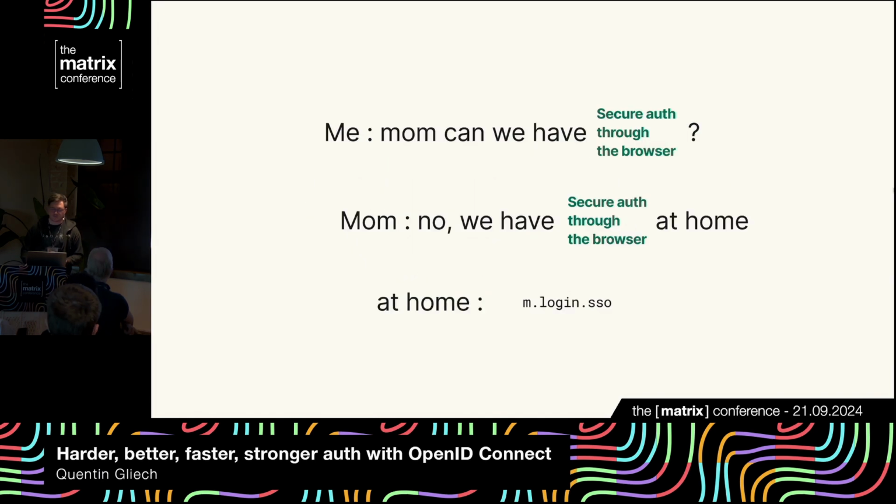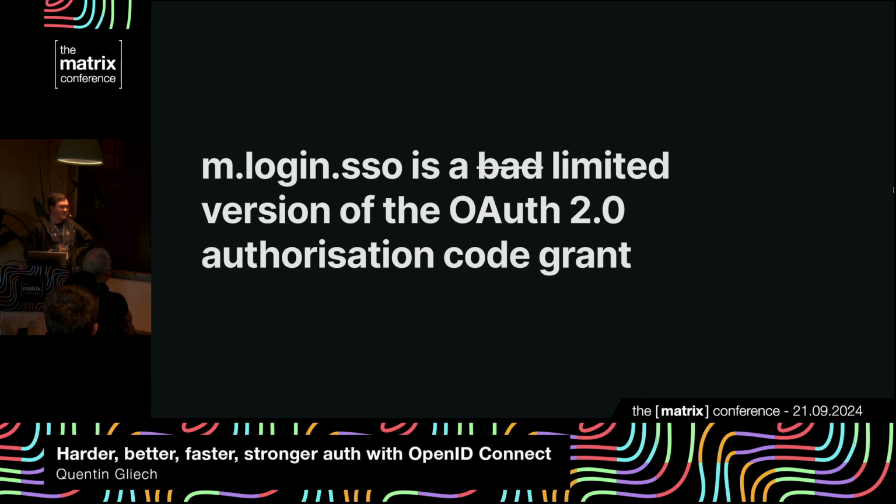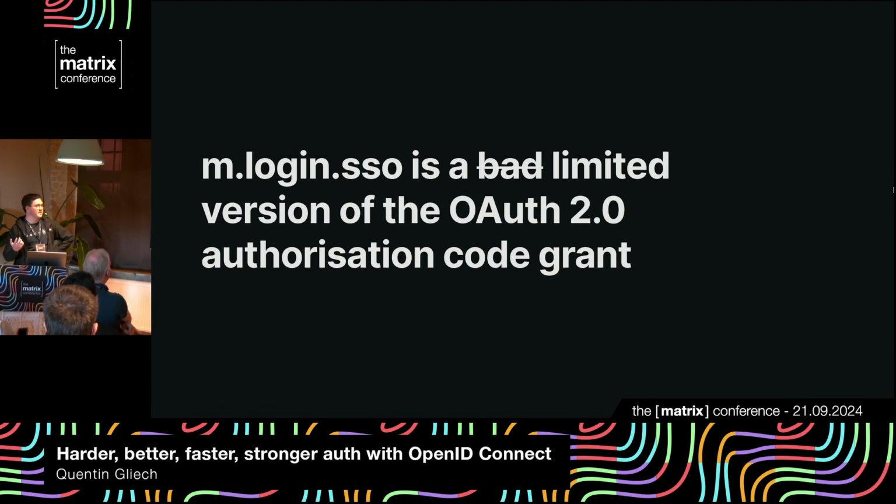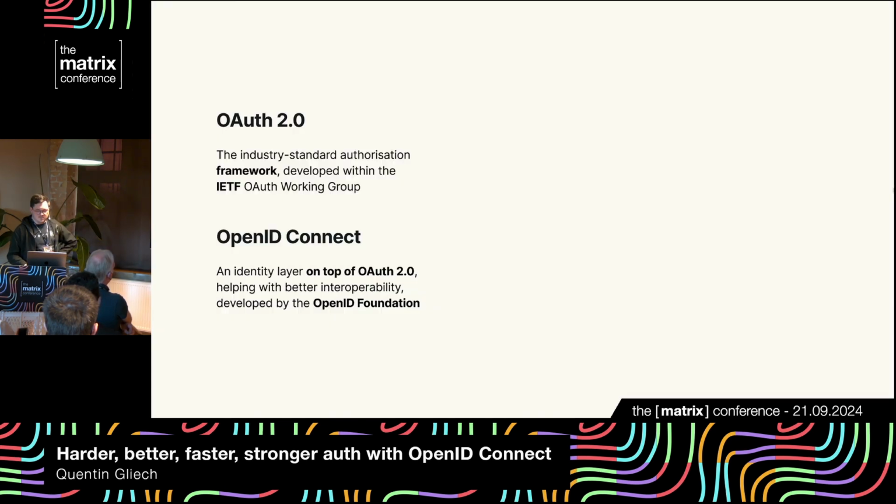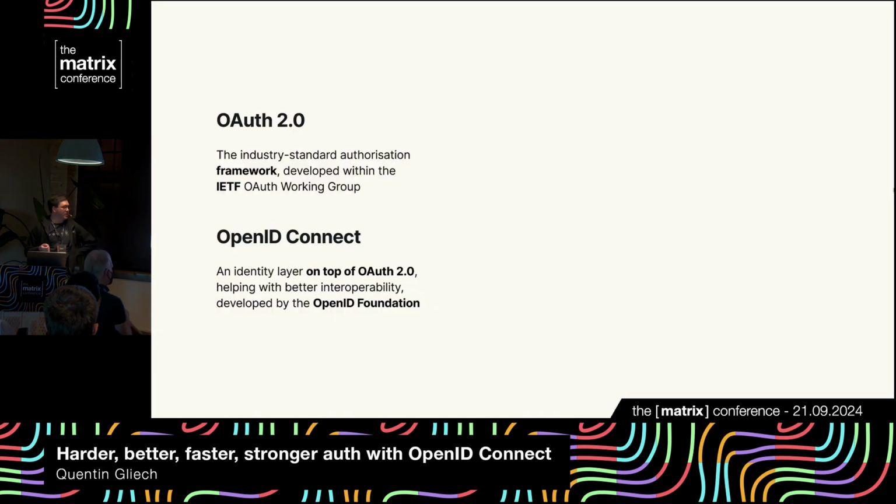So we could stop there and just extend that. We already have authentication through the browser in the Matrix API. But sorry to break the news to you, m.login.sso is basically a very limited version of the OAuth2 authorization code grant. OAuth2 is the industry standard, an authorization framework developed by the IETF through various RFCs.